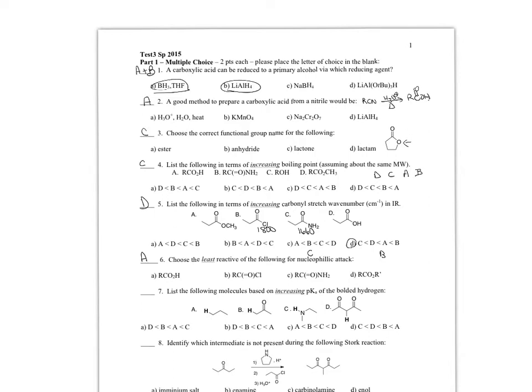All right, number 7. List the following molecules based on increasing pKa of the bolded hydrogen. Okay, this is an alkane, so that's about 45 to 50. This guy's an aldehyde, so about 20. Off of an amine is about 35. This guy, remember, was like 11 or 12. So, something like that.